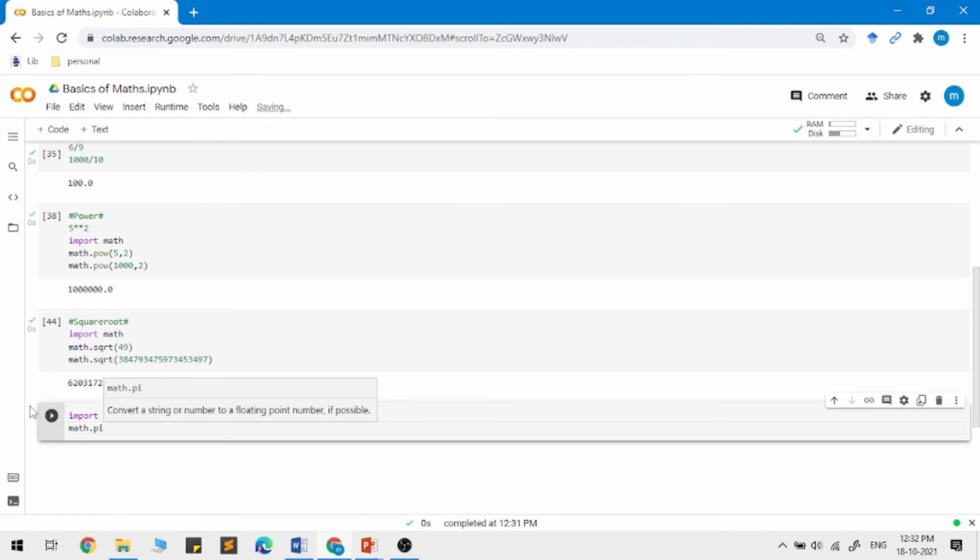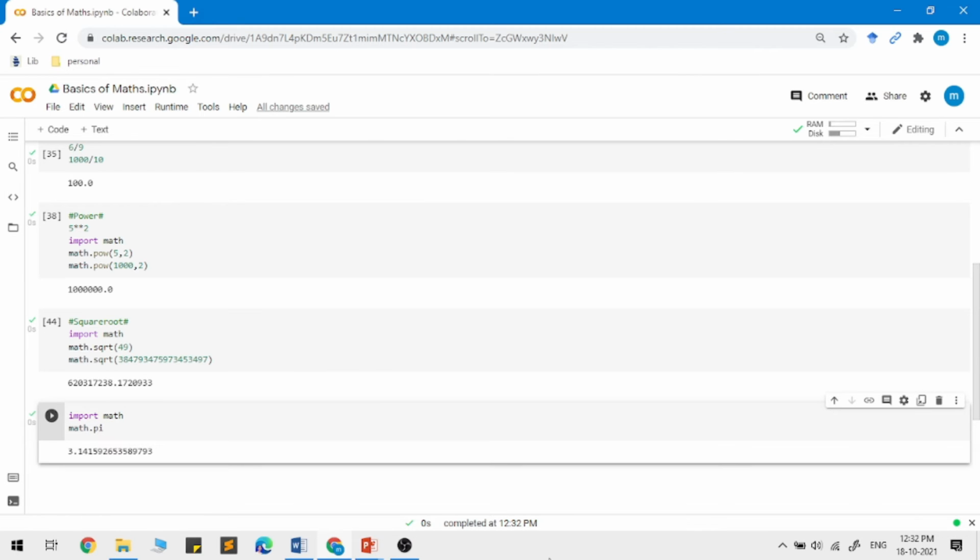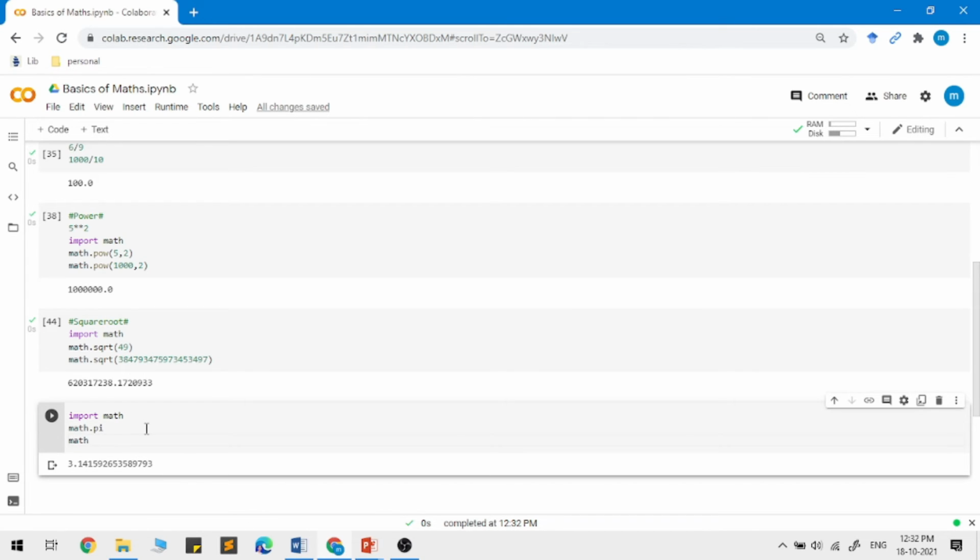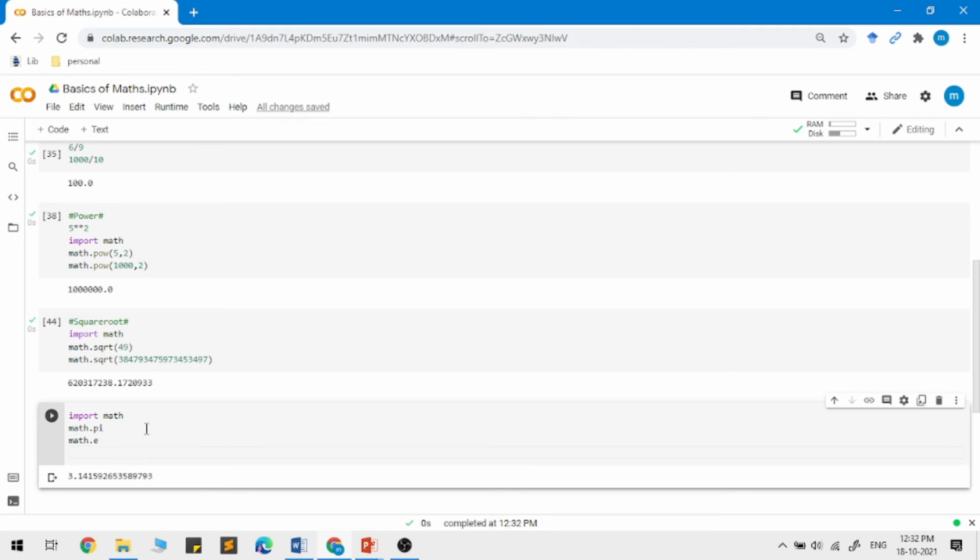So it is 3.141596, etc. And suppose that I want the value of e. So it is math dot e. When I run the program, I'll get 2.718281, right? So this is how to bring in the values which already have names.